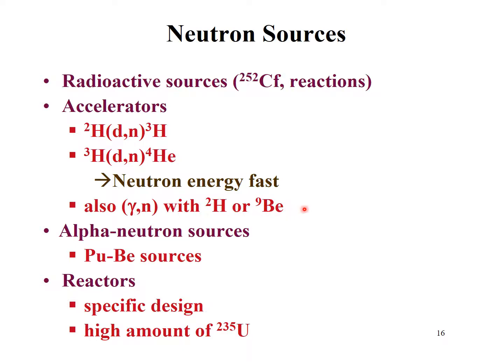We can also have gamma-N reactions, such as gamma on deuterium or beryllium-9. There are also neutron sources where one produces the neutron by having an alpha particle on a light element. So beryllium sources with alpha emitters, so plutonium-beryllium sources.